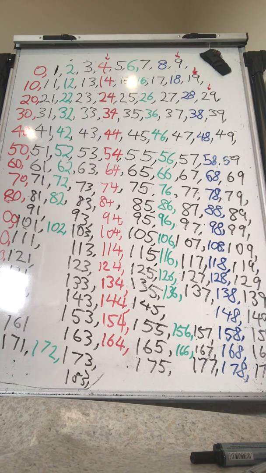So you can first minus 100, you get 23. Then you can minus another 10, you get 13, right?